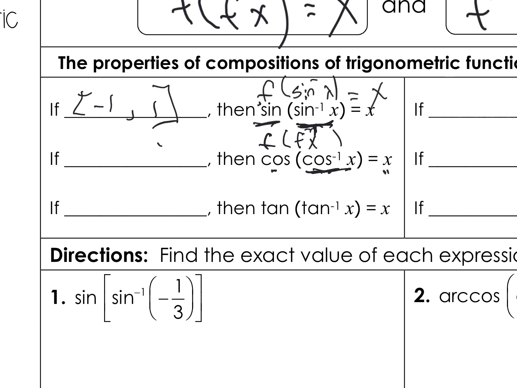That's the property of composition of a function and its inverse. This only applies for the domain of inverse cosine. And if you recall, the domain of inverse cosine was the range of cosine, so it also becomes -1 to 1. This is from the last lesson.